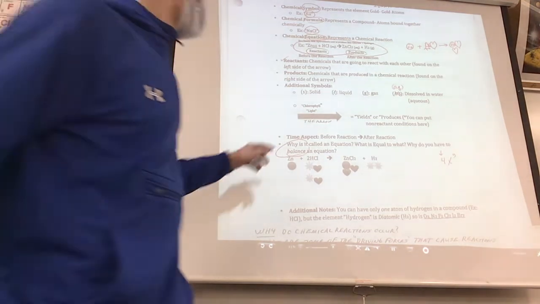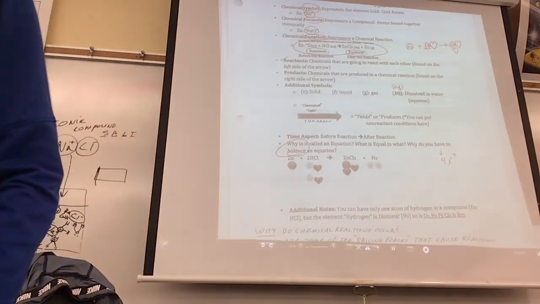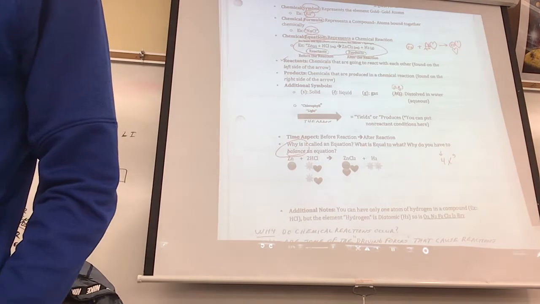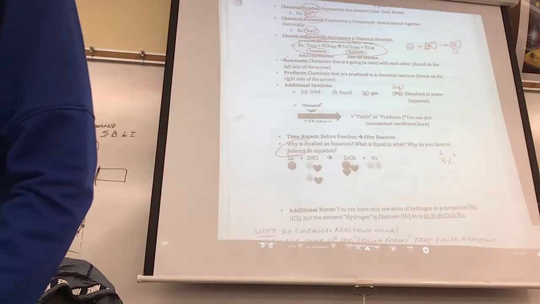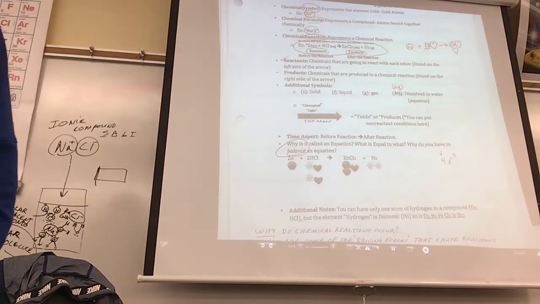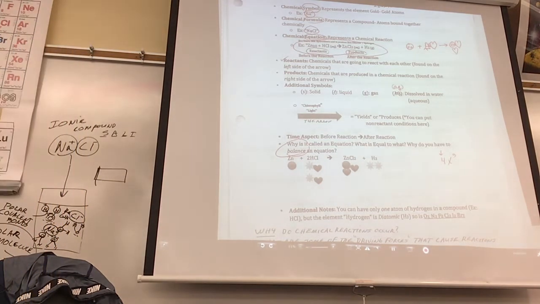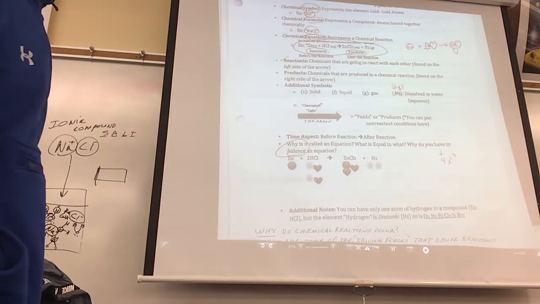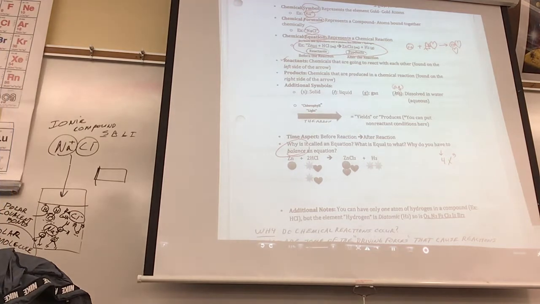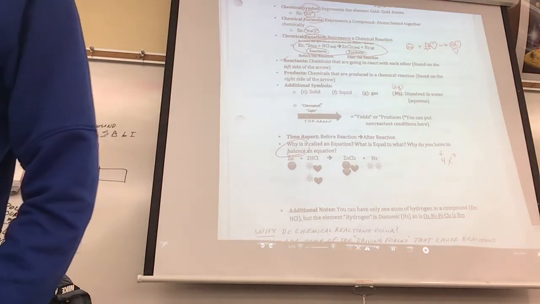And then an equation, we learned what the pluses mean, and it means something's reacting with something. And then we learned about the arrow, and that means it's like a product sign, like it's producing that. And then we found out that the reactants are on the left side of the arrow, and the products are on the right side.